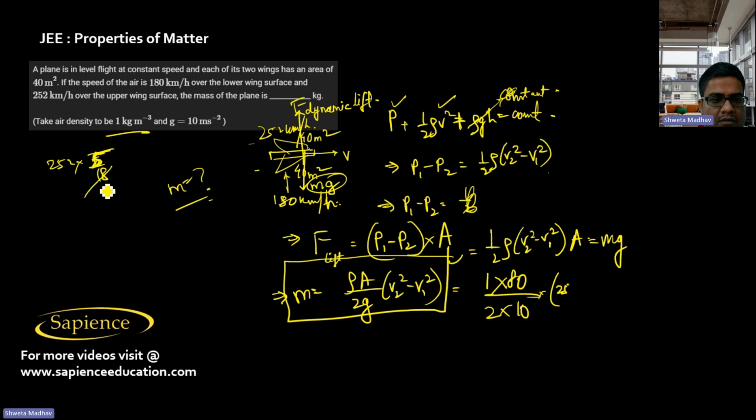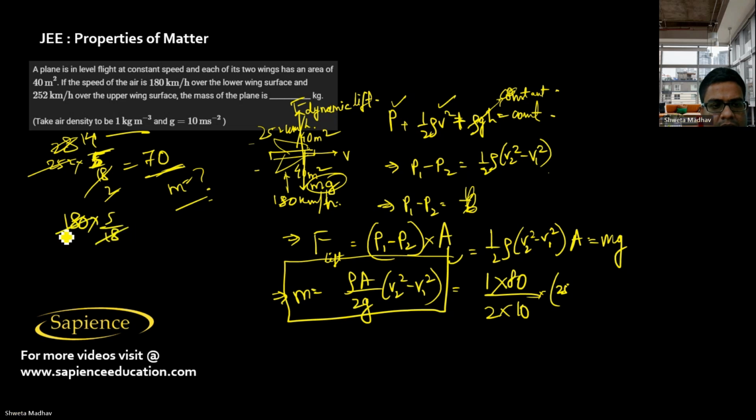So 252 into 5 by 18 is 70. And 180 into 5 by 18 is 10, so this is equal to 50.